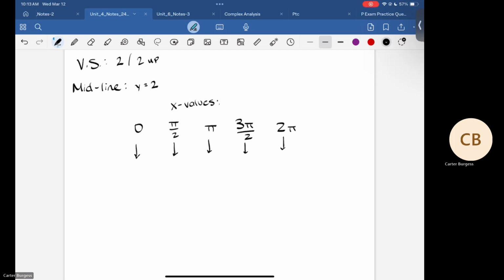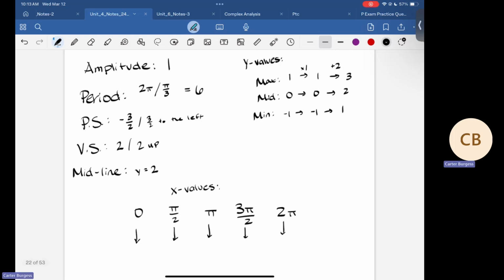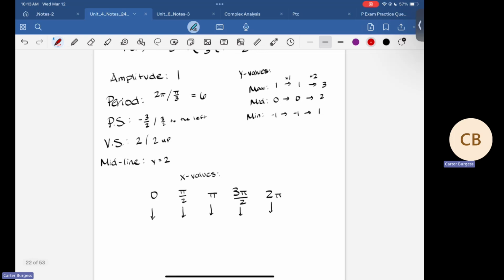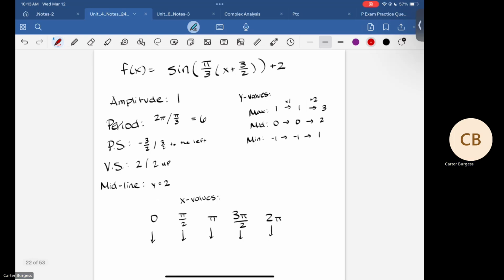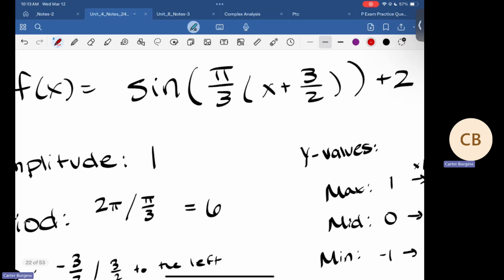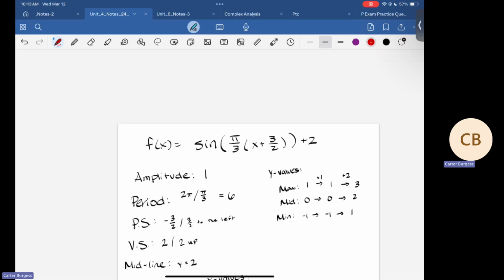Well, what are we doing to each of these first? Multiplying by 3 over pi. Dividing by b. Divide by b first. All right, so first divide by b, then add h.